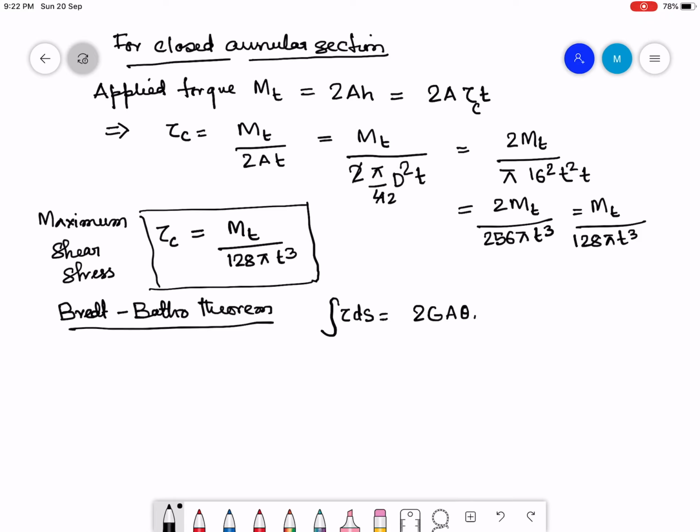Let me put the subscript c to denote the theta for the closed cross section. Now we know tau is constant because it's a uniform cross section shaft.